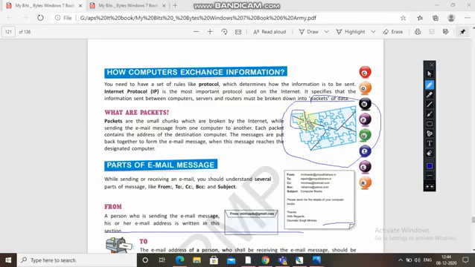Each packet contains the address of the destination computer, and the packets are put back together to form the email message. What happens is they come in chunks, but when they reach their destination, they get back together to form an email message, when the message reaches the designated computer. Okay, so these are packets.